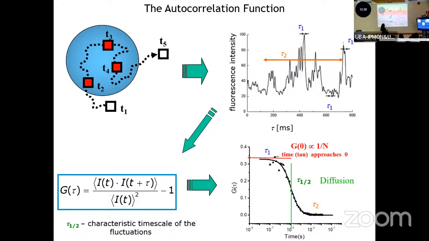We also can calculate the amplitude of the function. G at time 0, when tau is equal to 0, is proportional to gamma, and we say 1 over n, but it's actually gamma divided by n in that particular time.